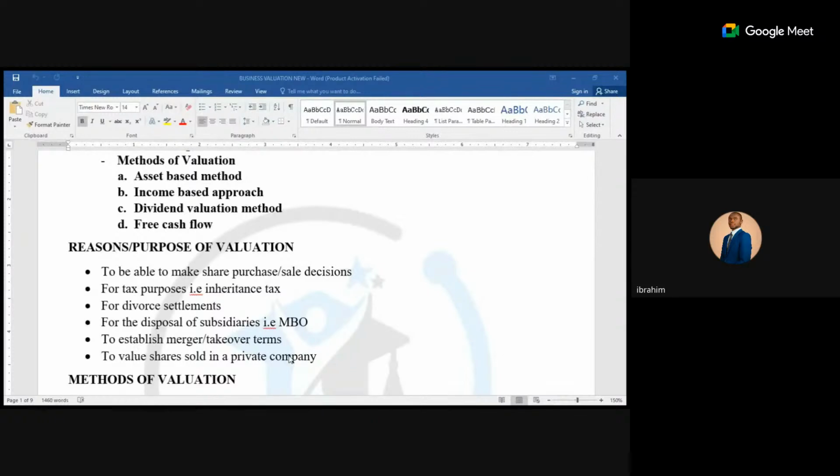Then you can go ahead and acquire. You have to understand the value. You have to calculate the value of the target company. They usually call it a target company. Class, you need to know the value before you can acquire the business.